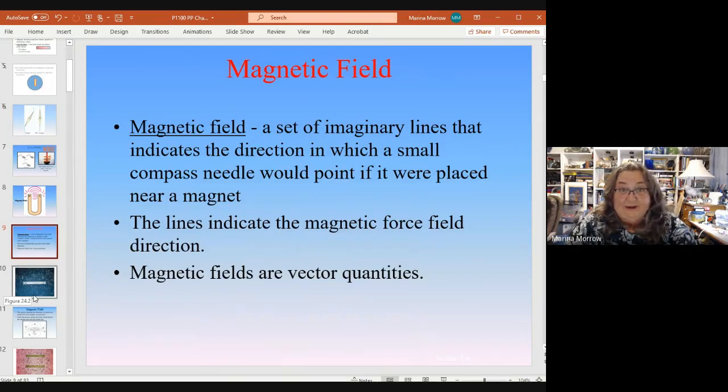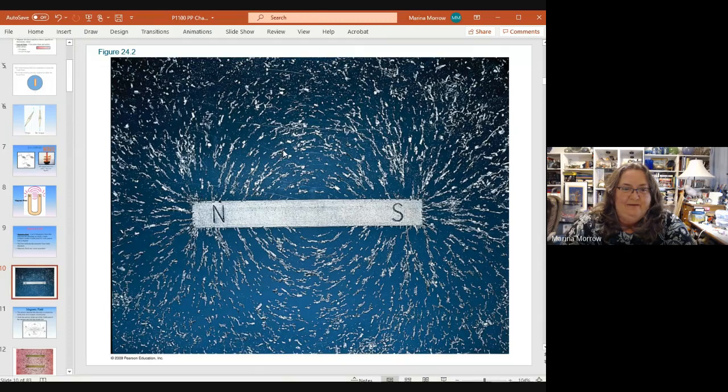And just like when we talked about electric fields, magnetic fields are vectors. So here we have some little iron filings, which basically is you take a bar of iron and you rub it on a file. And so the idea is that these iron pieces can be made into magnets. So when you pick up a paper clip, an iron paper clip, it too becomes a little tiny magnet, and it'll create one end that is north, one end that is south, not because it comes that way, but because when it gets in the magnetic field, it will line up with it.